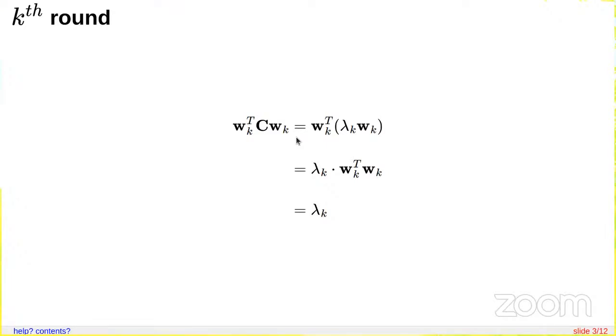What happens to W transpose C WK for the kth principal component? We know that WK is the eigenvector, so C WK will be lambda K WK, and since WK has unit norm, this will be 1. So the value of the objective function is actually the kth eigenvalue.